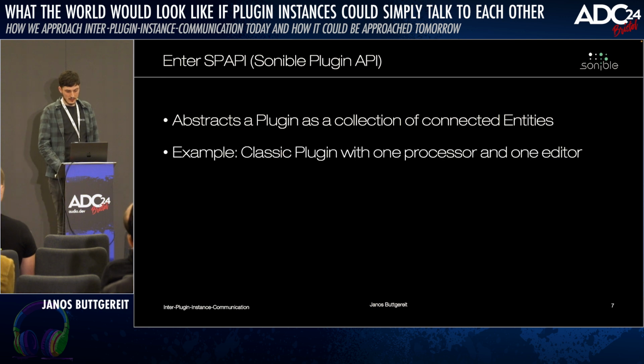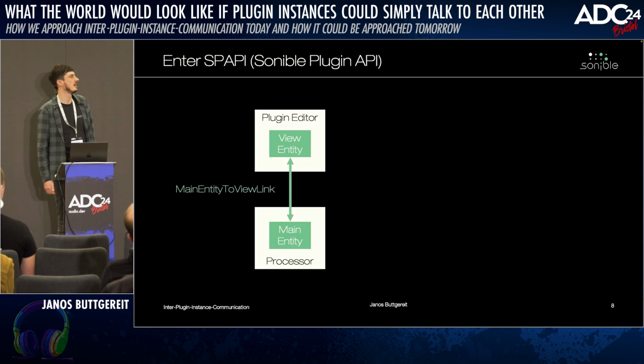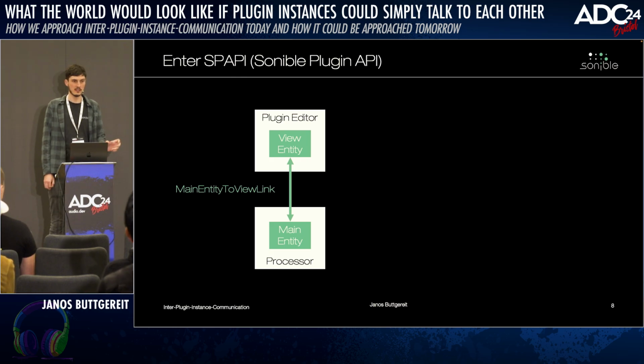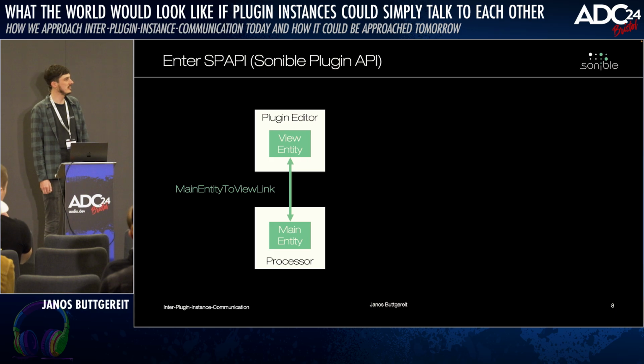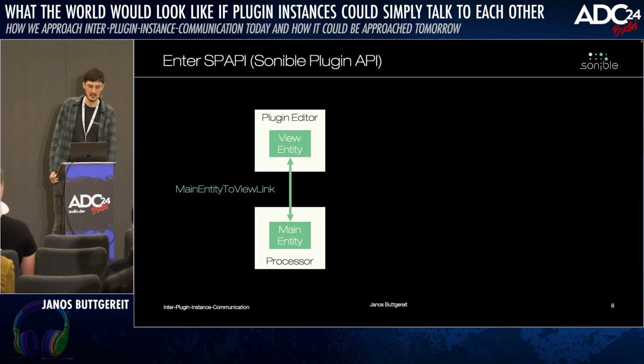And for SmartComp 2, this was just a processor and a plugin editor. The processor has a so-called main entity, the plugin editor has a view entity, and they are linked together by a main entity to view link, which is just a software abstraction until now.